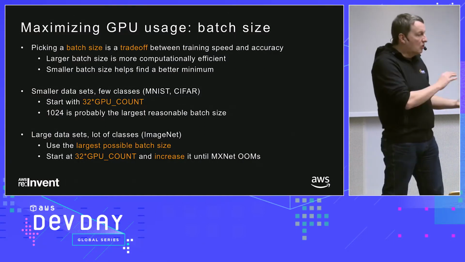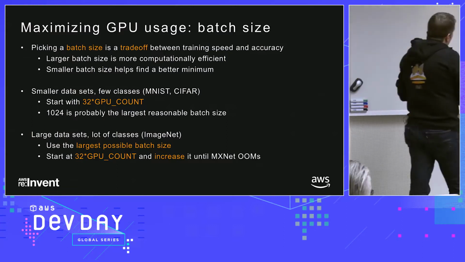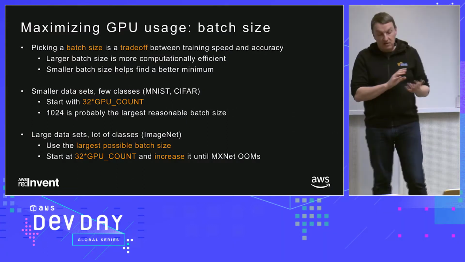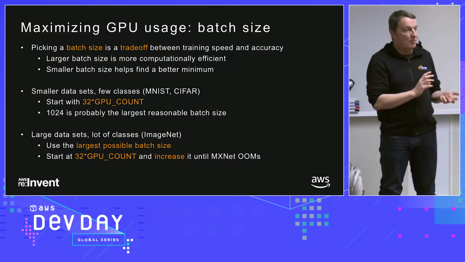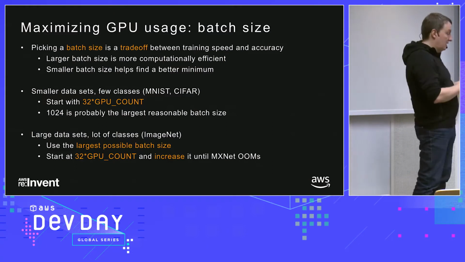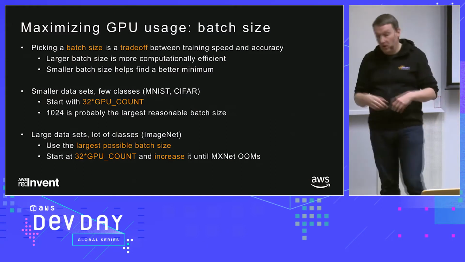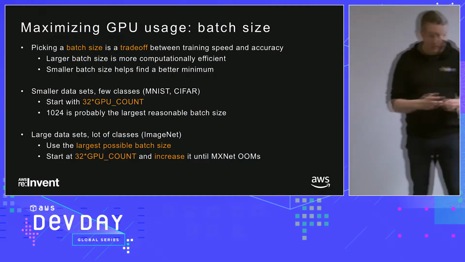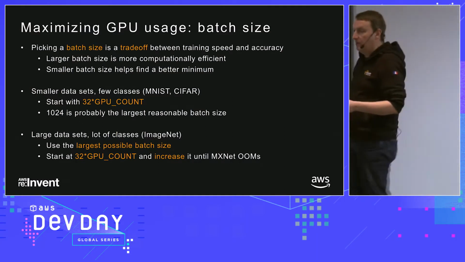You can keep more cores on the GPU busy. But a smaller batch size usually gets you better results because you take smaller steps through the data set. So not too big, not too small, right? Not very scientific, but you need to find something in between.